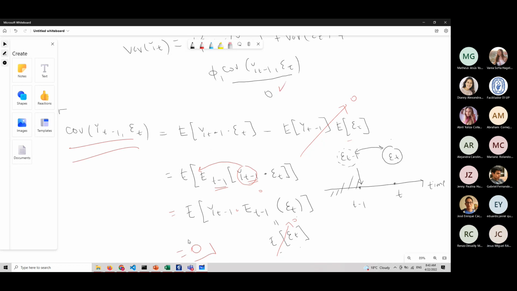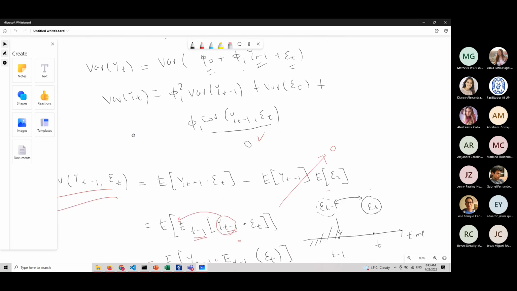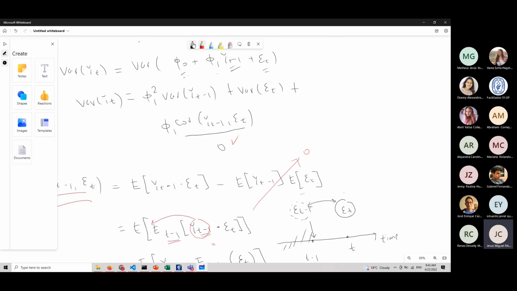Check. And if we assume that yt is stationary, the variance must be constant. Then we can solve that equation for the variance. The variance of epsilon t is sigma square, so the variance of yt will be sigma square over 1 minus phi 1 square.